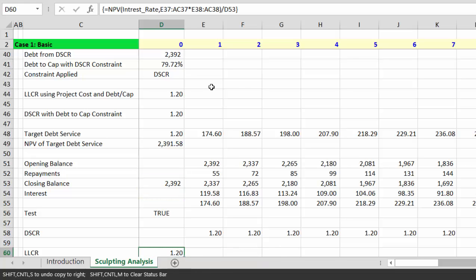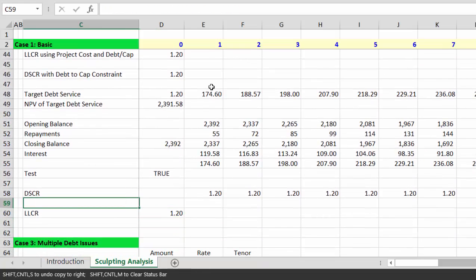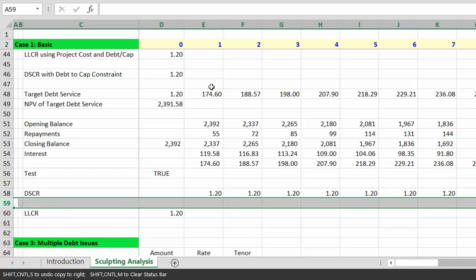We have to press Shift Control Enter. That's kind of another check.